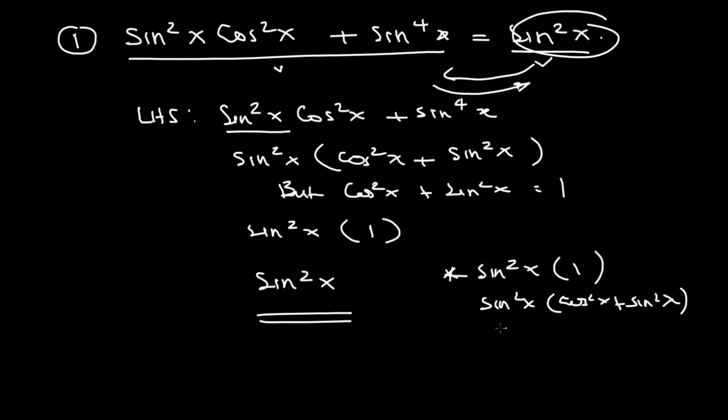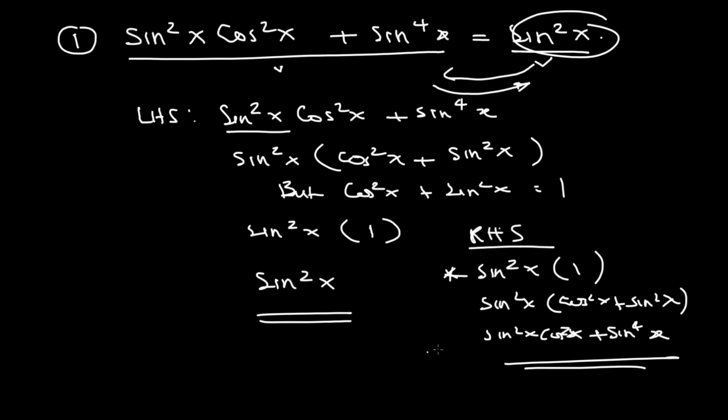Then you're going to expand this. So this will give you sin squared x cos squared x, plus, then this one gives us sin to the power 4, like that. So you've also shown from the right-hand side that it's the same as the left-hand side.